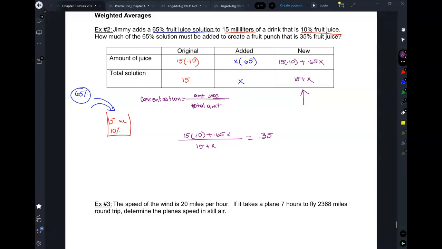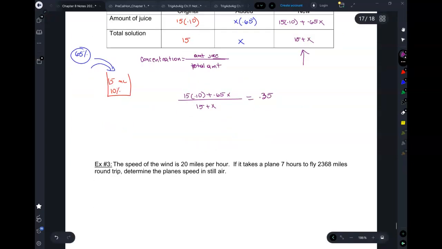Okay? And now do you see how it became a rational equation? Yes. Okay, so let's simplify some numbers here. What do we have here? What's 15 times 0.10 these days? 1.5.